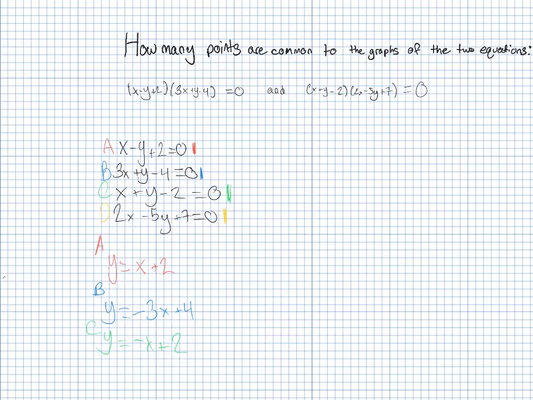And then for D, we get y equals 2/5 x plus 7/5. And we get this by dividing by the negative 5 from the negative 5y, and then subtracting the 7 and the 2x, and multiplying 3 by negative 1.